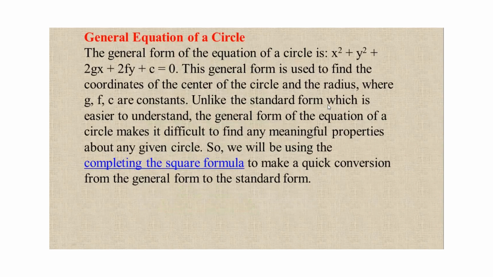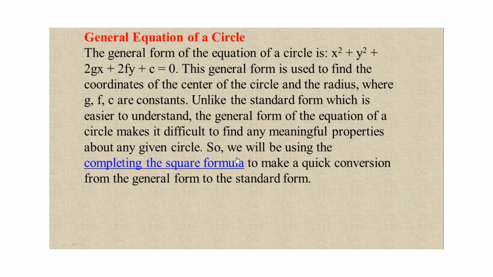The general equation of a circle is quite difficult because we cannot directly read the center and the radius of the circle. So, for the general equation of a circle, first we should convert it to the standard equation to identify the radius and the center.